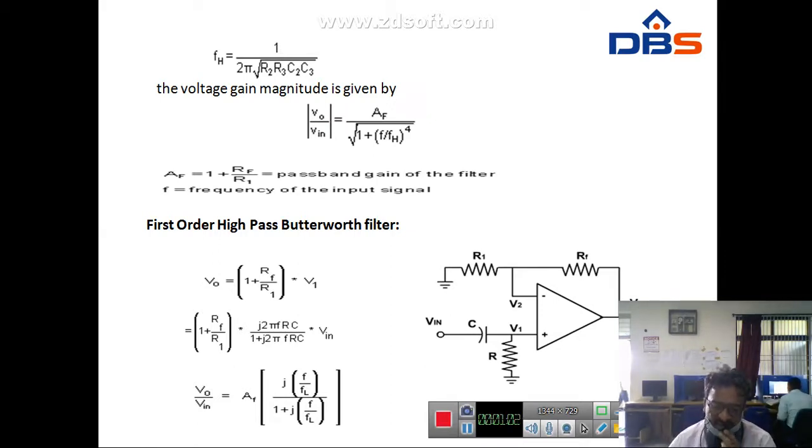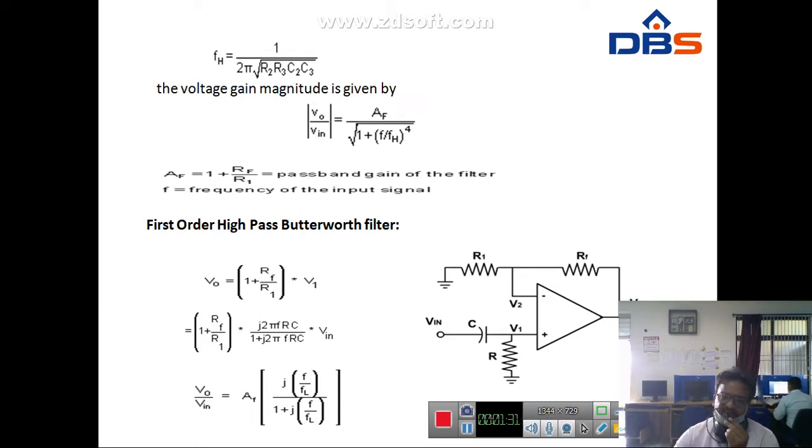So in the case of the high pass filter, we have to interchange the R and C components. The same components will be used for the low pass and the high pass, but whatever R and C components we have in the low pass filter, we have to interchange them.